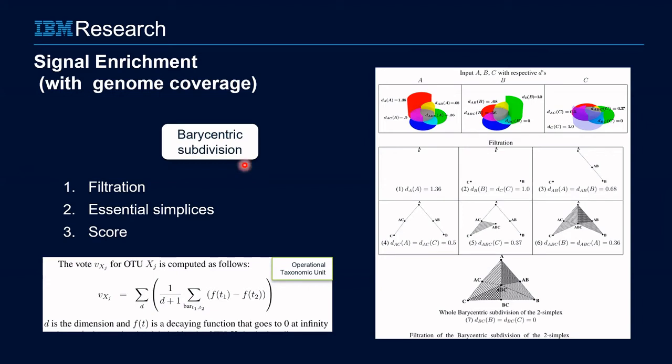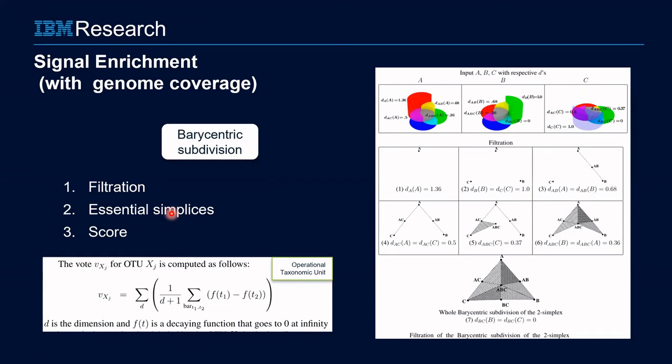There's a technical point here. I don't have to get into it. To make the filtration possible, we had to use a construct called barycentric subdivision. And after that, we're able to do the filtration. And so here, what is the filtration? There is no notion of time. We do the filtration by the coverage. So as you increase the coverage values that I showed you here, you begin to get these chains of containments. And then there is the step of essential simplices. Again, at the beginning, I had said that since the basis is not unique and we want to interpret our results, we must have a way of going from the bar diagrams to our input.